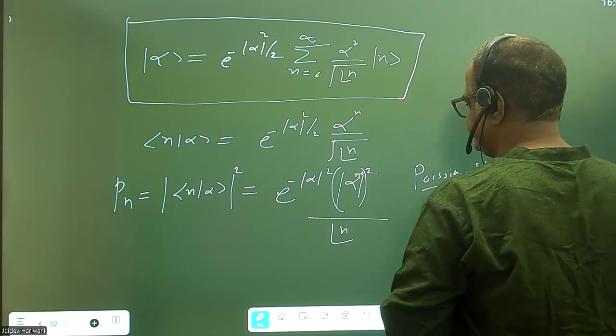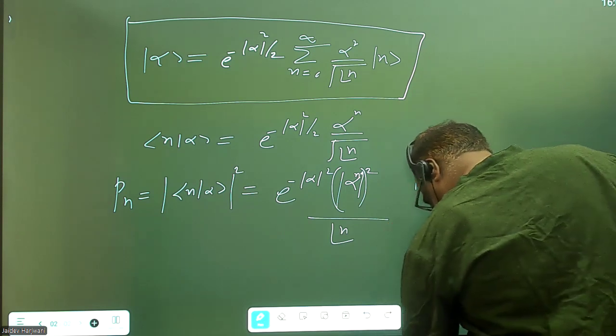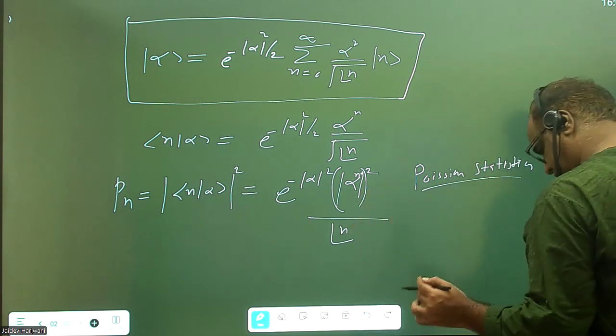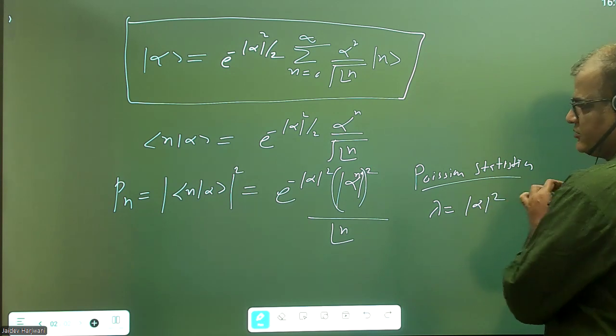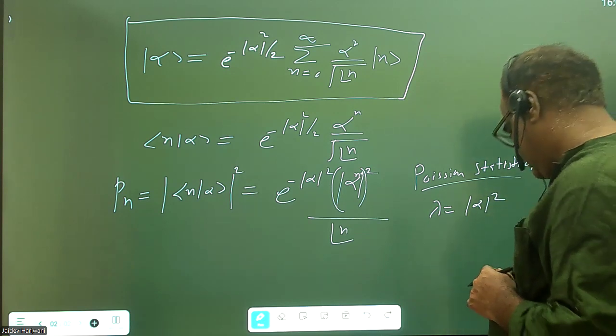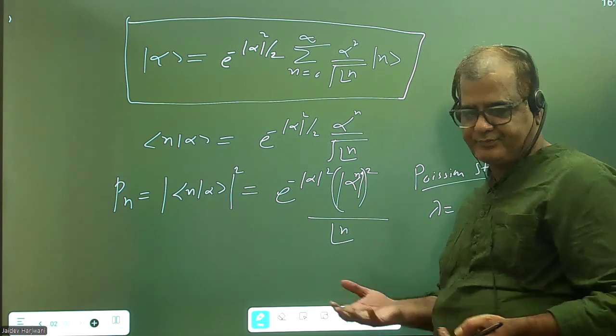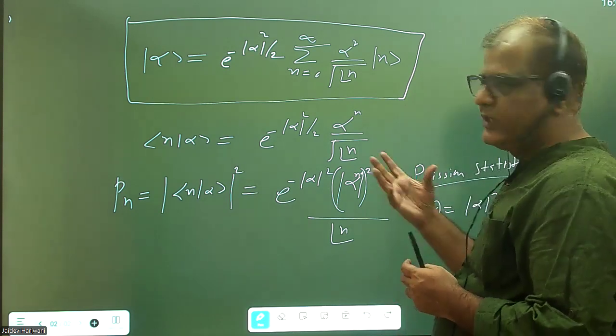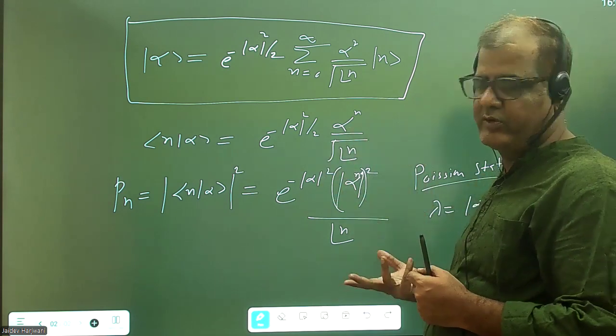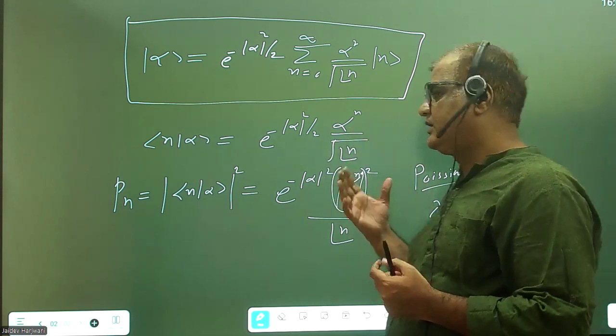And now here, what is the lambda value? Lambda value is |alpha|^2. Now, what does this mean? A laser is the coherent state of photons.